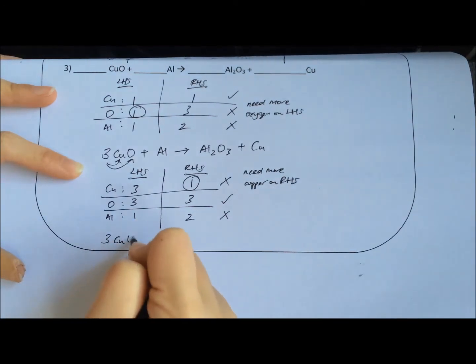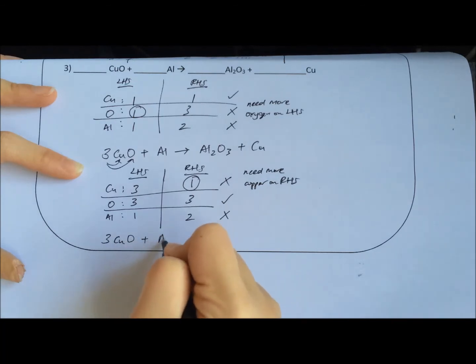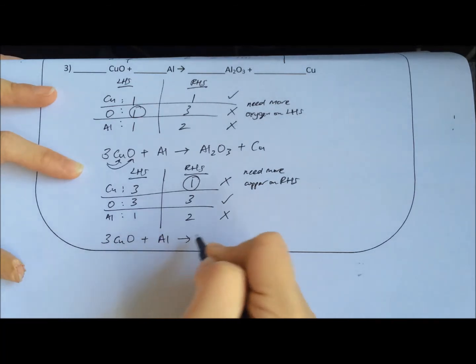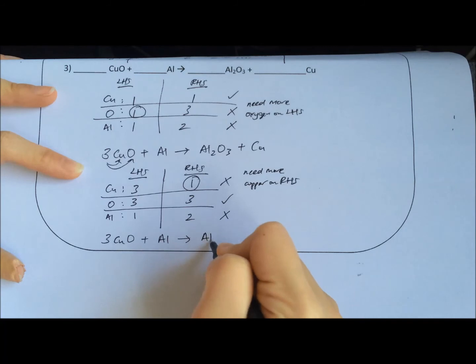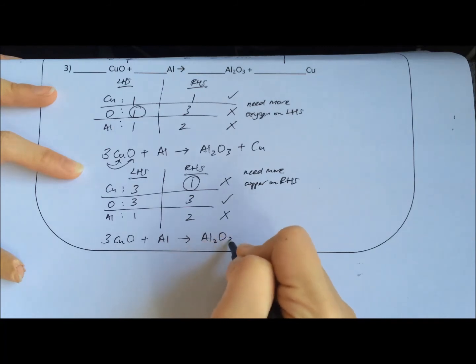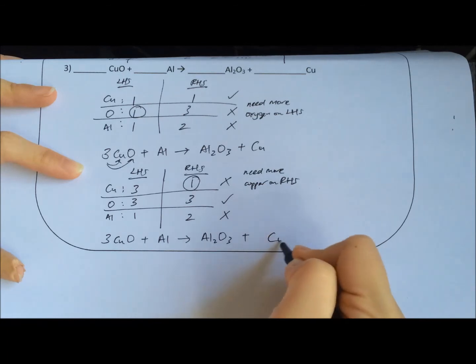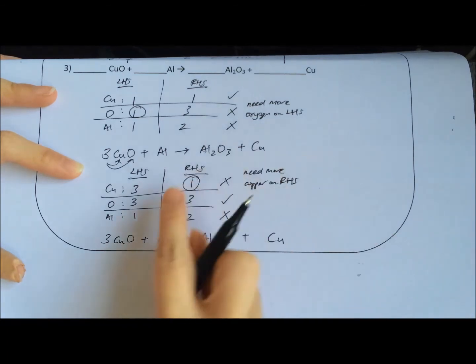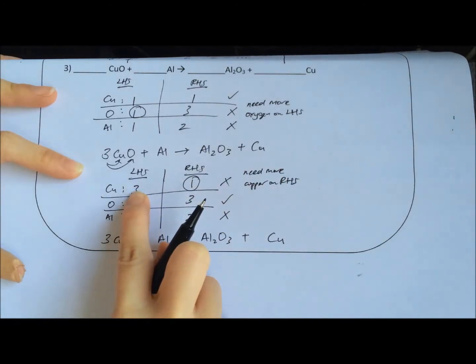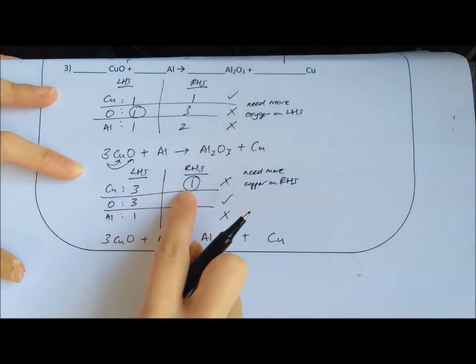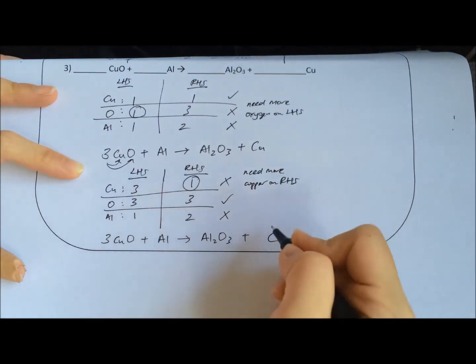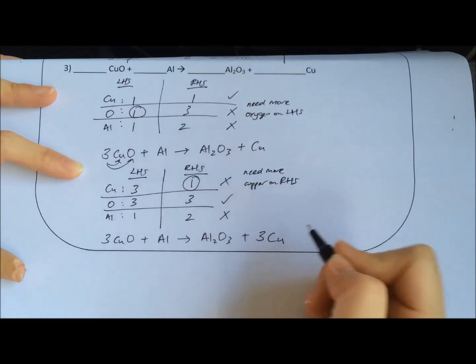So we copy the equation down. 3CuO plus Al, arrow, Al2O3 plus Cu. Because there's 3 on the left and we want it to become balanced, we will straight away put a number 3. That will make it faster.